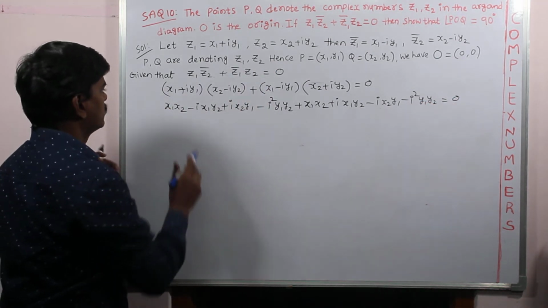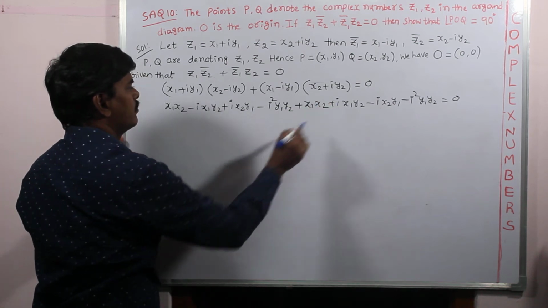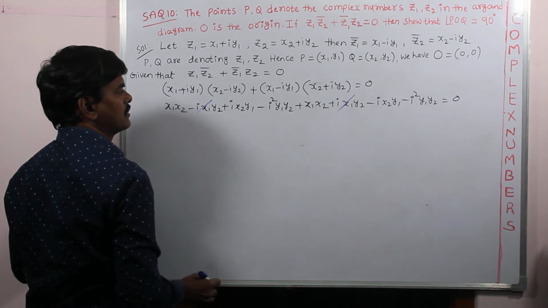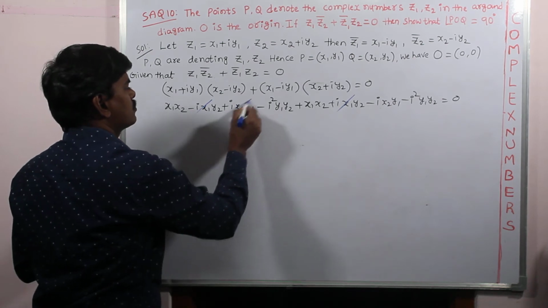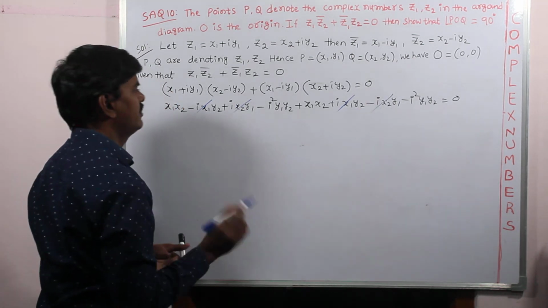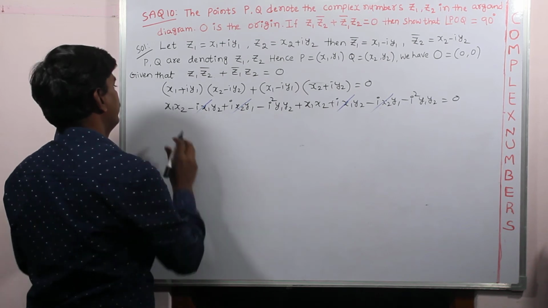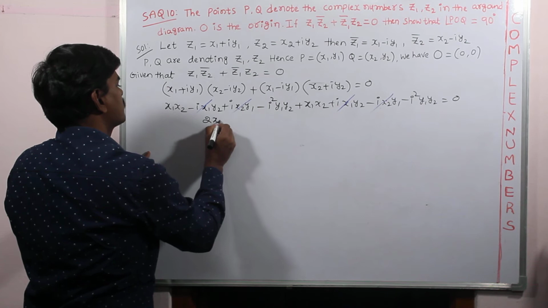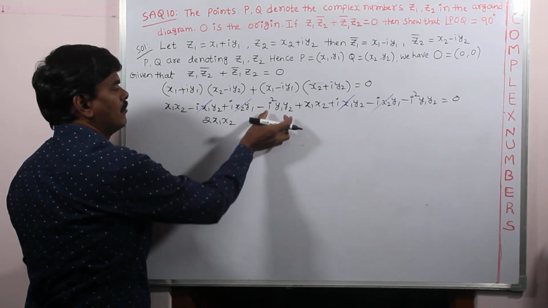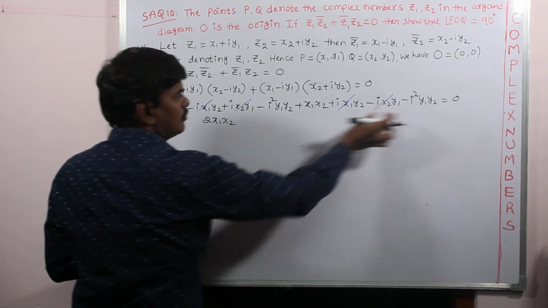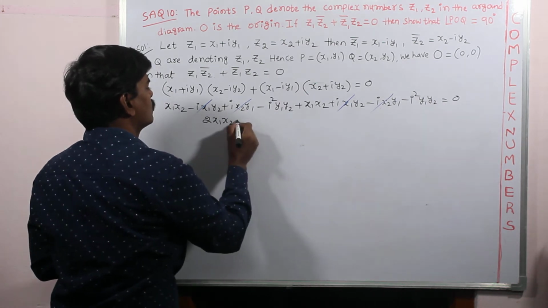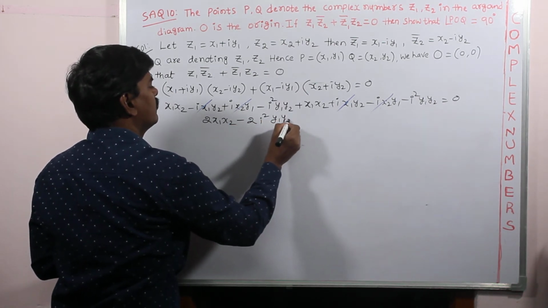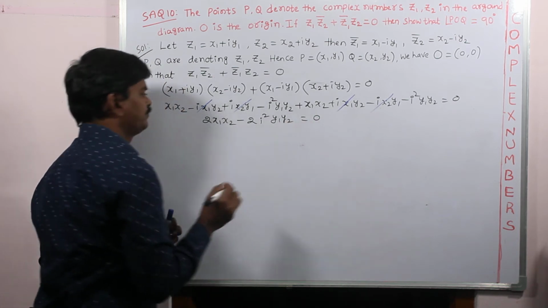Now if I observe this equation, plus iota x1 y2 minus iota x1 y2 gets cancelled. Plus iota x2 y1 minus iota x2 y1 gets cancelled. Now we are left with x1 x2 plus x1 x2, that is 2 x1 x2, minus iota square y1 y2 minus iota square y1 y2, 2 times. So minus 2 iota square y1 y2, that equals 0.